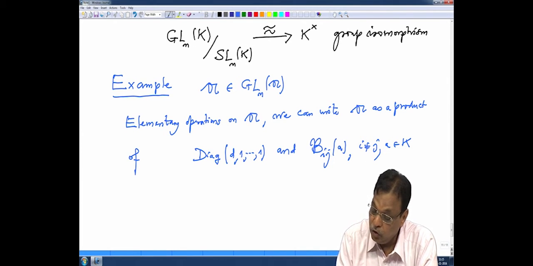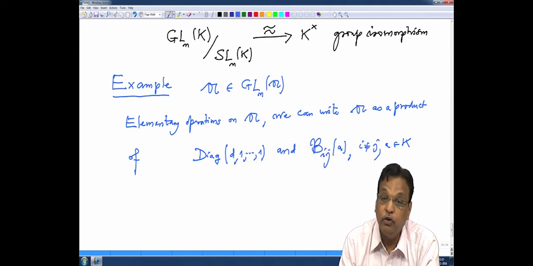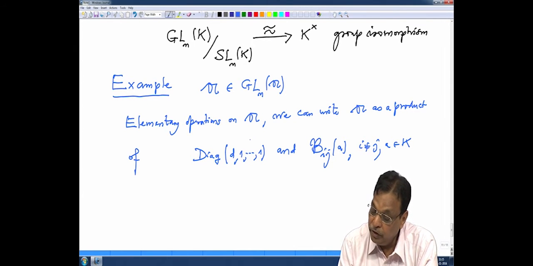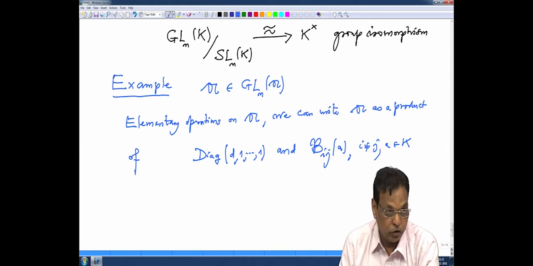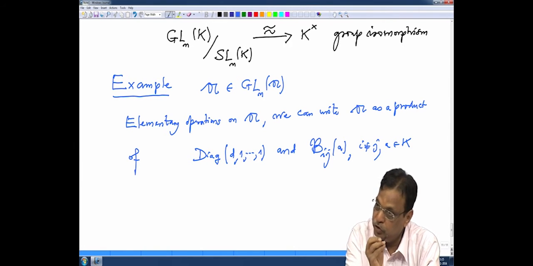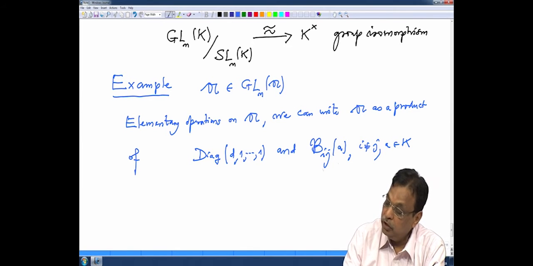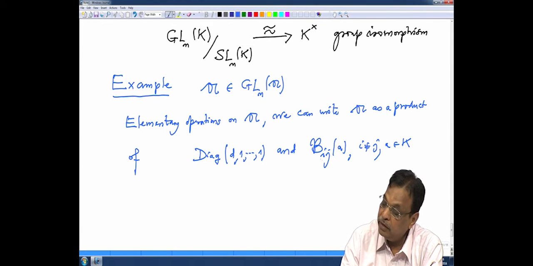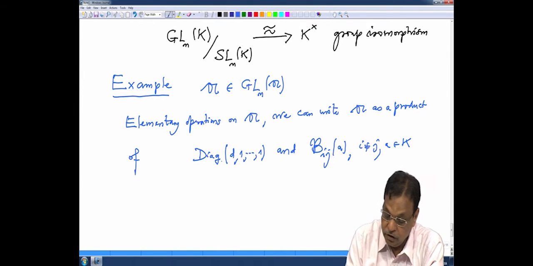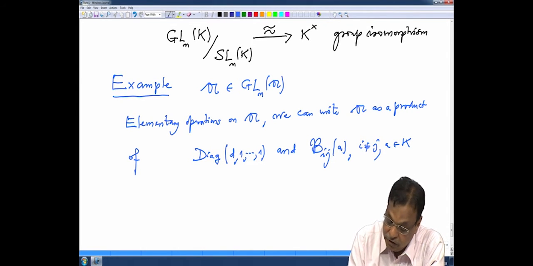See, normally you get the diagonal matrix, but then we have shifted the diagonal entries successively to the upper positions and we brought this to the top position. Now, because the determinant of these elementary matrices is 1 and A is the product of this and this, this entry d is nothing but the determinant of A.